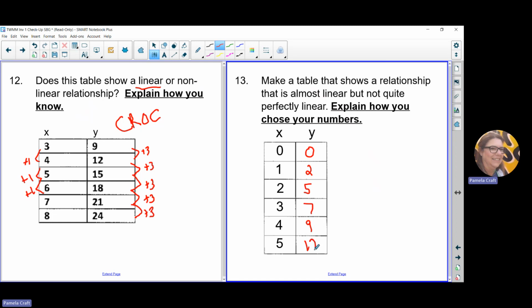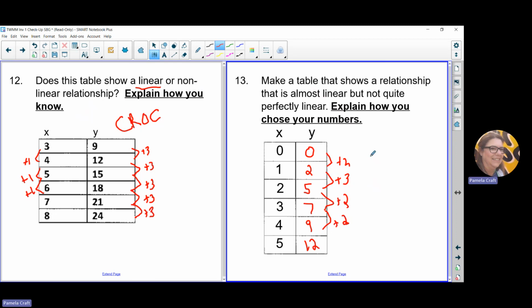So it's really close to always going up by 2, right? We're going up by 2, but then by 3. And then by 2. So there's definitely a pattern, right? Going 2, 3, 2.